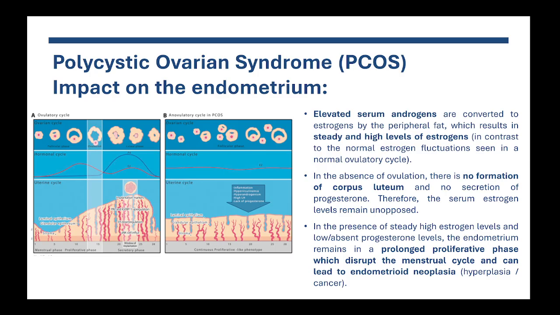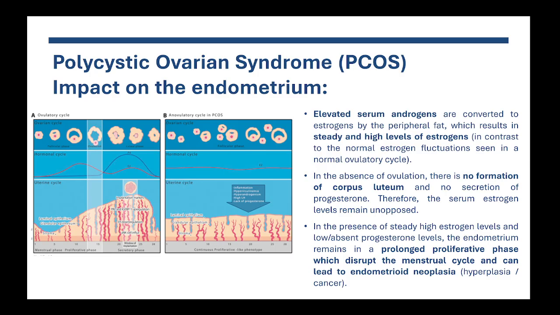We also said that they will not ovulate. And without the formation of a corpus luteum, there will not be any formation of progesterone. And that leads to not only their level of estrogens being too high and steady, but also not opposed by progesterone. There is no progesterone to transition the endometrium into the secretory phase.